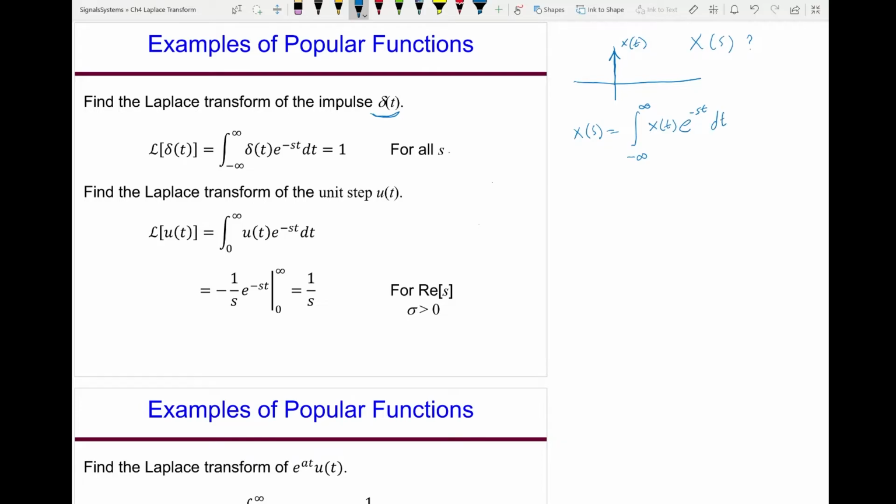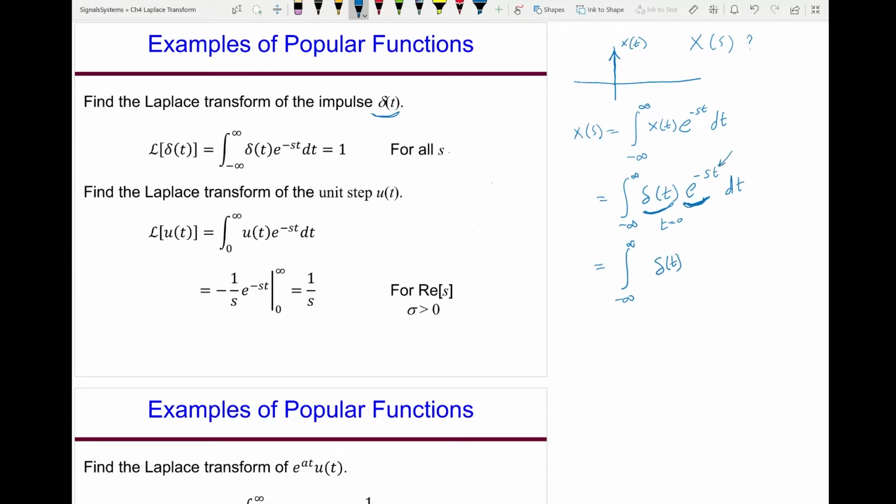So that's the definition. Now, this impulse exists only at t equals 0. And the impulse times any function, you get the impulse back again, times the value of the function at t equals 0.